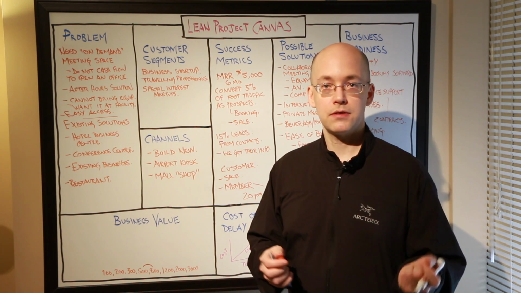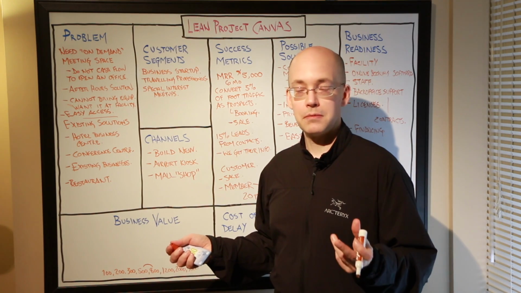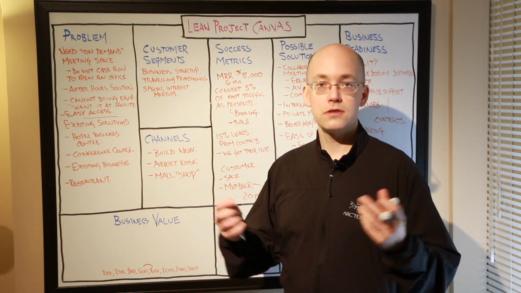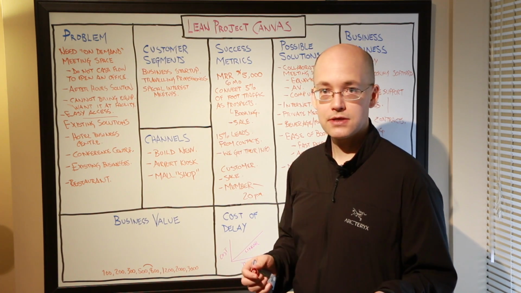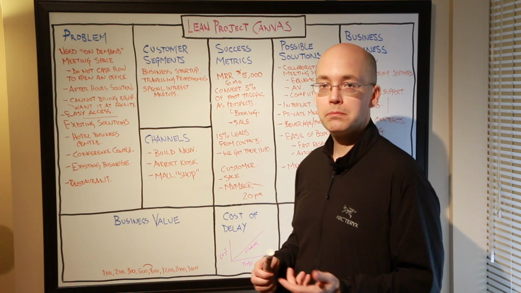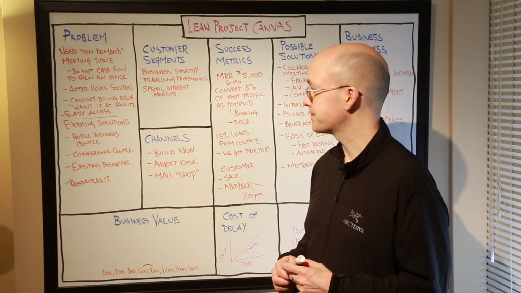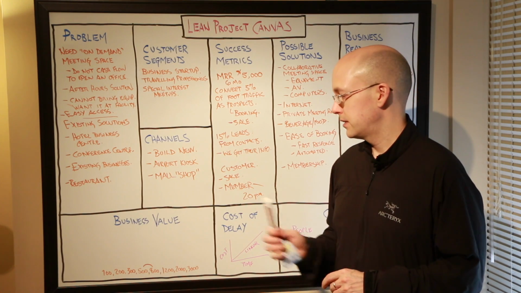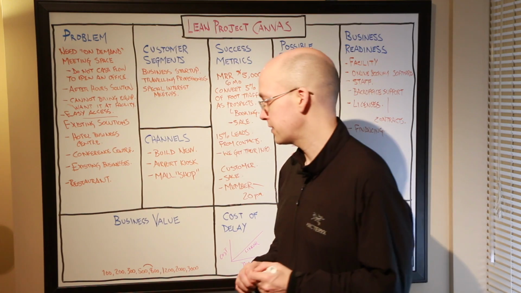But given that you have enough experience in the field, you can actually figure this out by looking at these canvases and using your prior experience to rate these against each other. What sort of benefits are these going to bring with the money that I bring in? And with our business value, there are quantitative aspects and qualitative aspects.